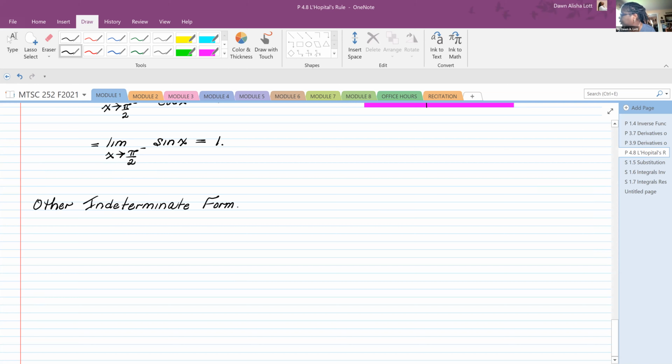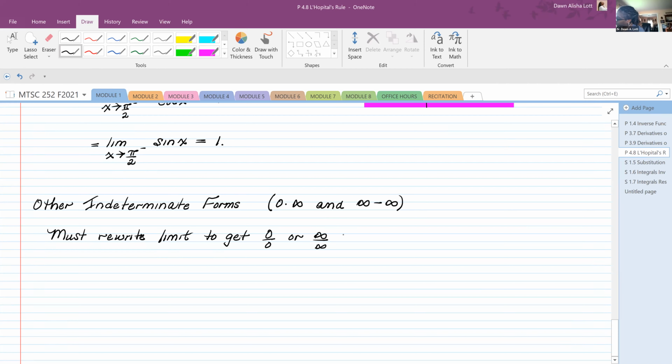So the 2 I want to focus on now are 0 times infinity and infinity minus infinity. So if you get 0 times infinity or infinity minus infinity, you must rewrite the limit to get 0 over 0 or infinity over infinity to use L'Hopital's rule.